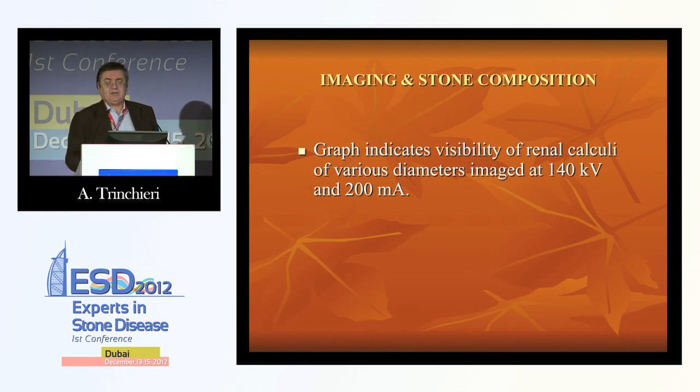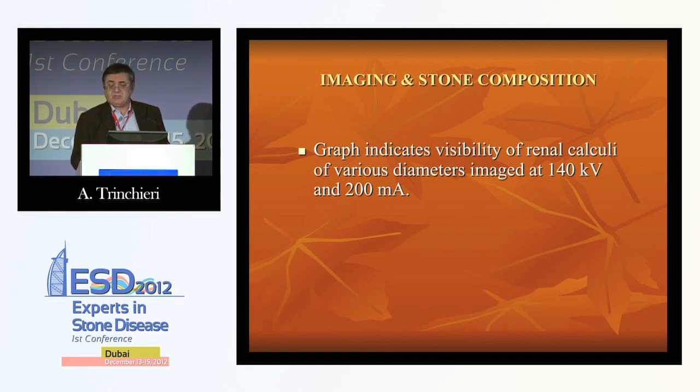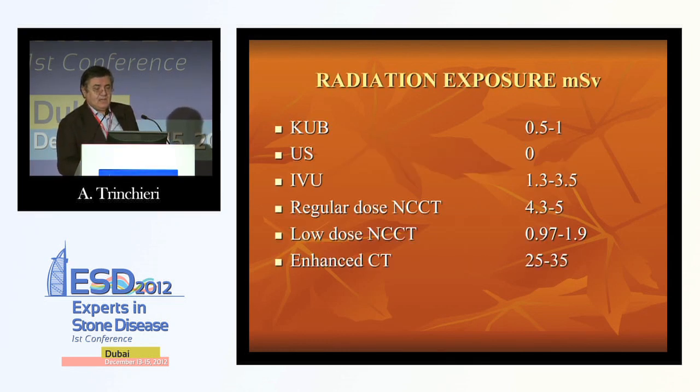In this graphic, you can see that with computed tomography, it is possible to demonstrate 100% of the stones of more than 1 millimeter if they are calcific, or more than 1.4 if they are radiolucent. And look at the problem of the radiation.